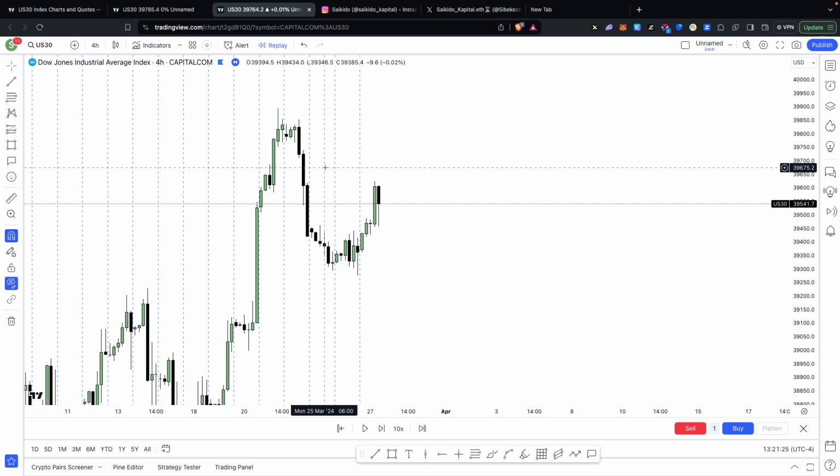So it doesn't have to be the discount of the same dealing range, because here you are moving from the discount of this dealing range, swing high, swing low. You are moving from discount to premium, and you have an imbalance at premium. And then you can be going back from a discount of a newly formed dealing range.